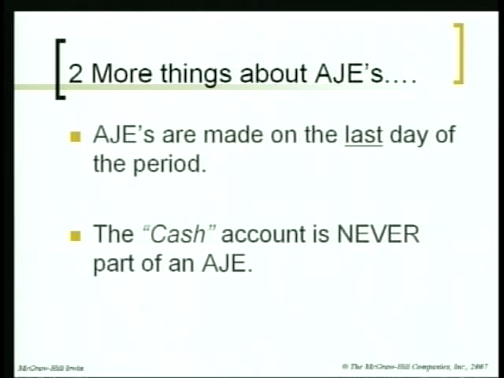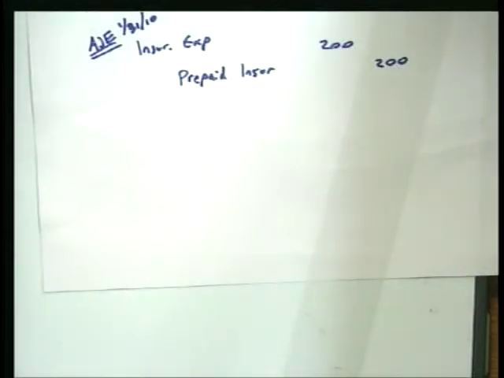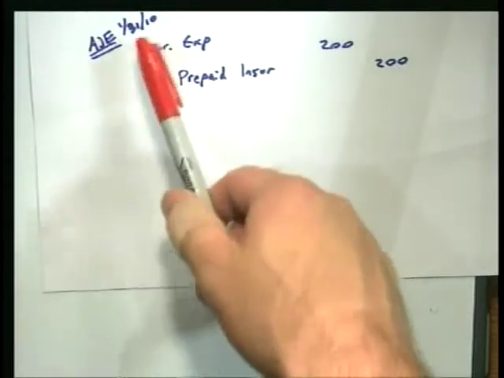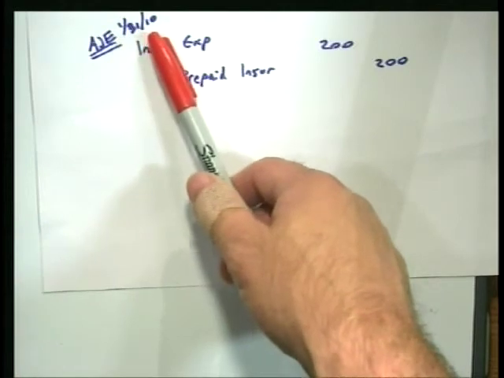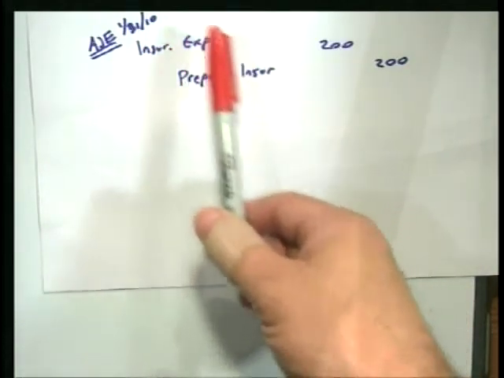Okay? AJEs are made on the last day of the period, and the cash account is never, never, never part of an AJE. Now think about those two rules. They're made on the last day of the period. The cash account is never part of an AJE. Let's go back to that AJE that we made. Well, sure enough, it was made on the last day of the period, right? And is cash one of those accounts being debited or credited?